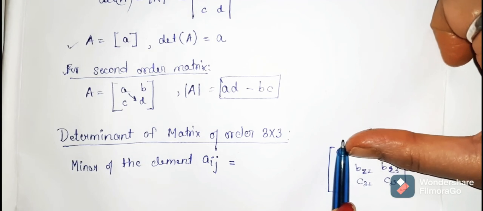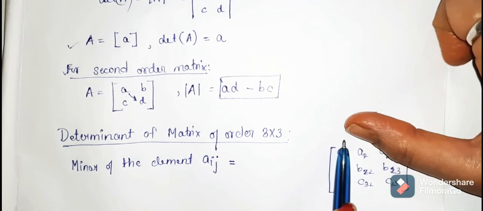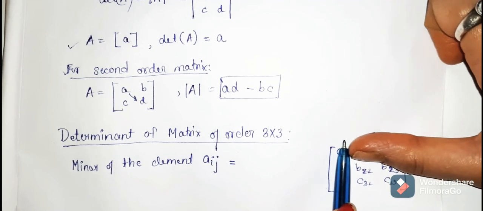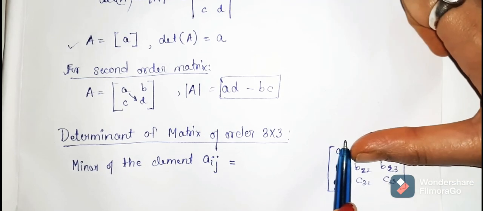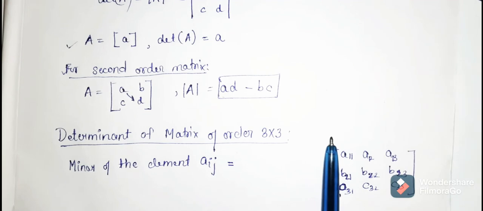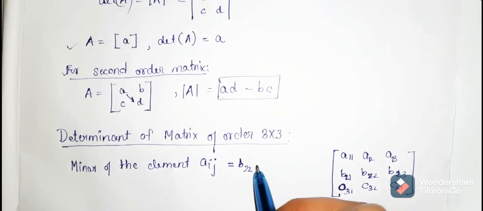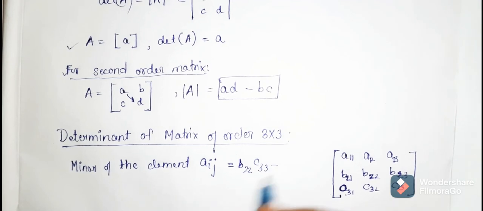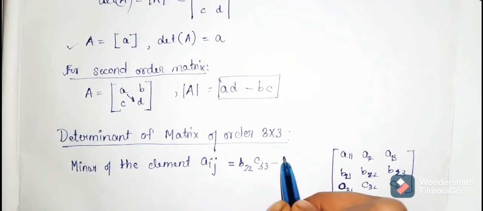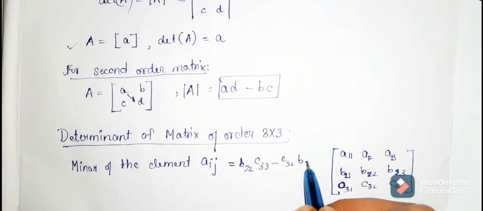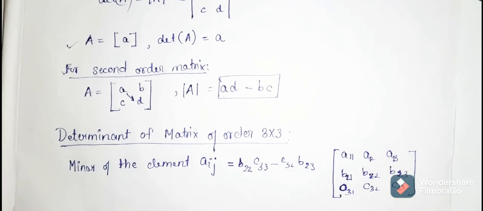Then using the remaining 4 elements, you find the normal determinant of second order. So it will be B22 C33 minus C32 B23. This is the minor of the element.